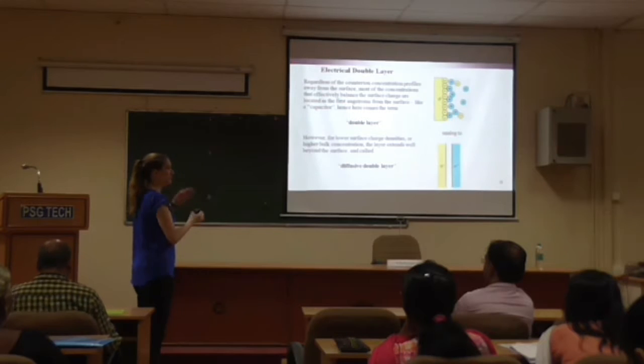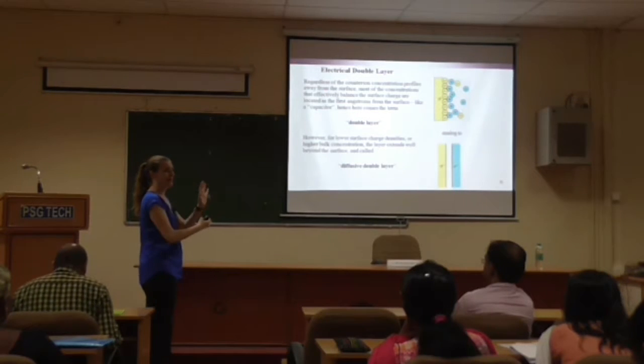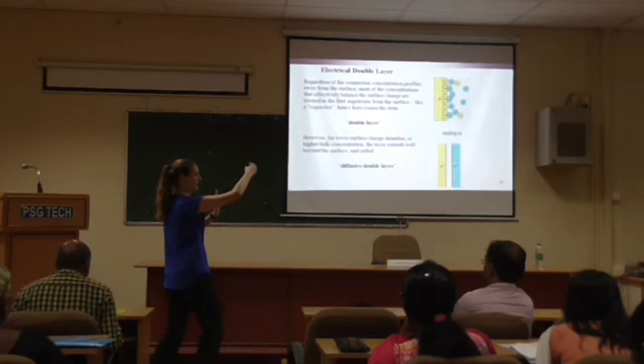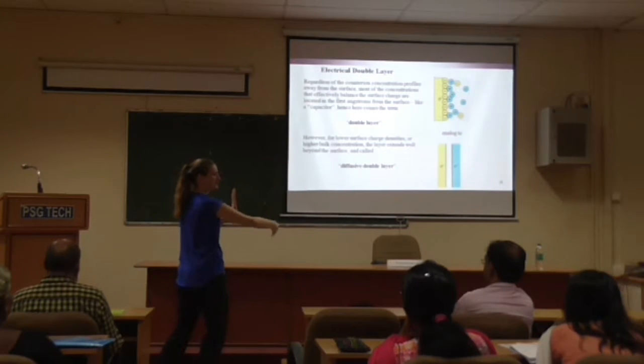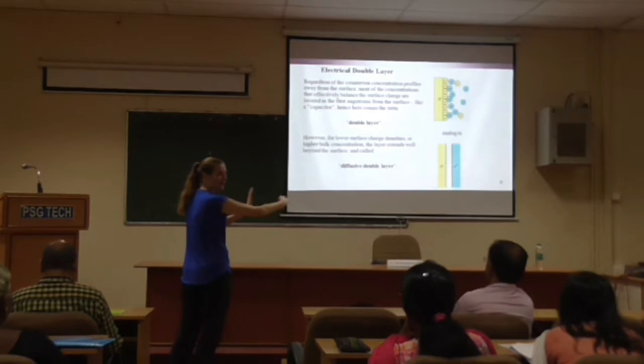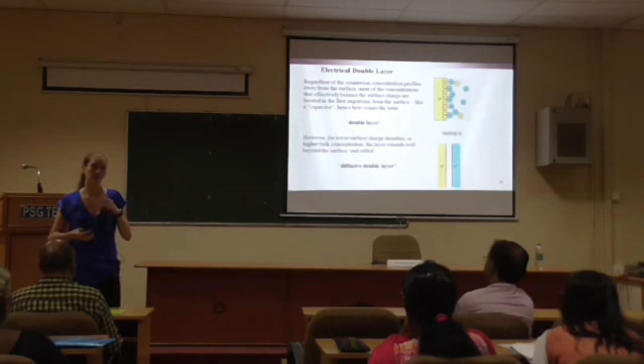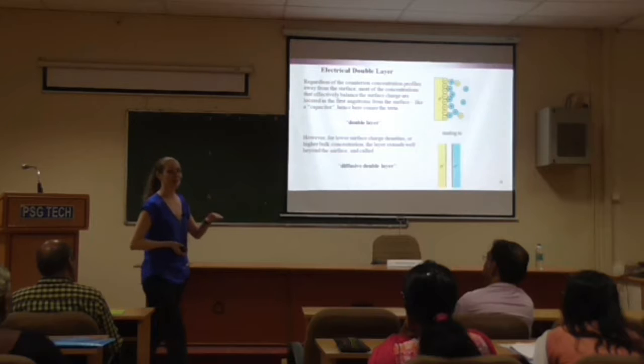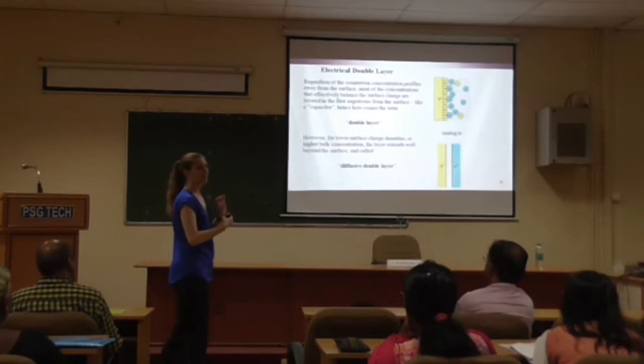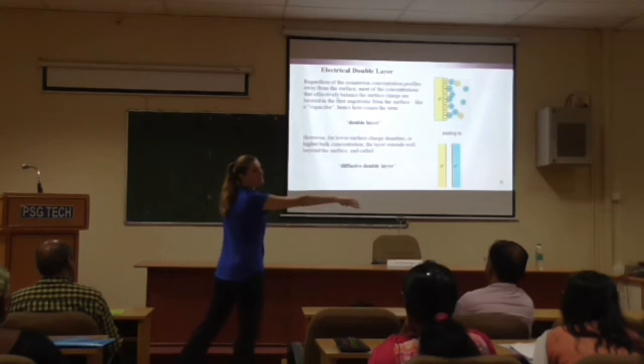So it's called a double layer because you can model it as a surface with a layer of matching counterions away from the surface. But you have to keep in mind that while mathematically it ends up being the same, physically it is a whole bunch of ions.